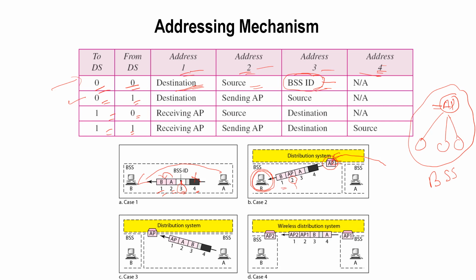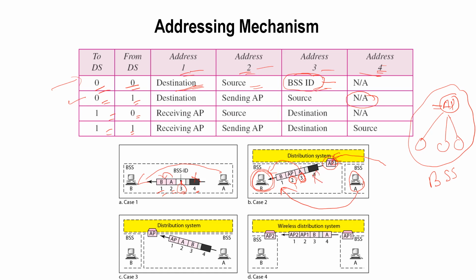The destination address is B and the source address is A, and this A is at access point 2. From access point 2, the source MAC address is A and it is towards the current BSS, and the destination address is B. So A is in another BSS and moving to the current BSS. Here also the fourth field has no value and is not used.